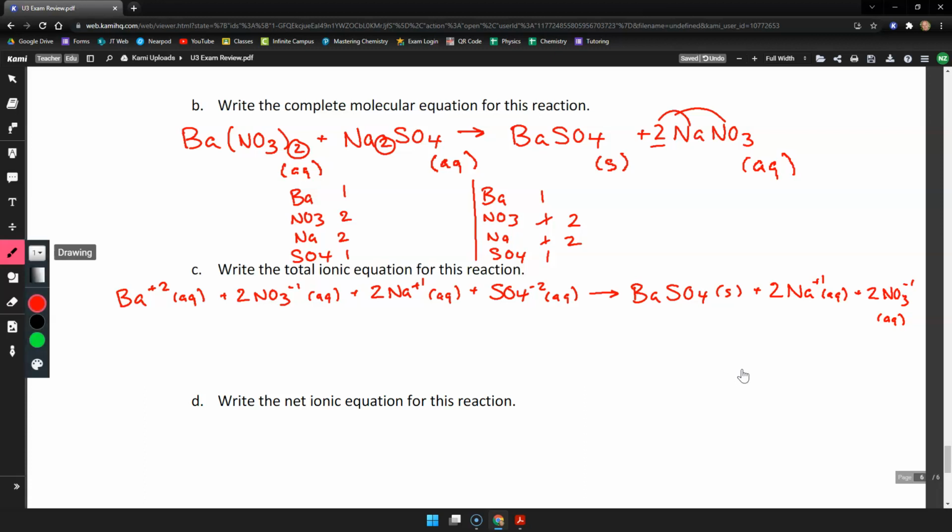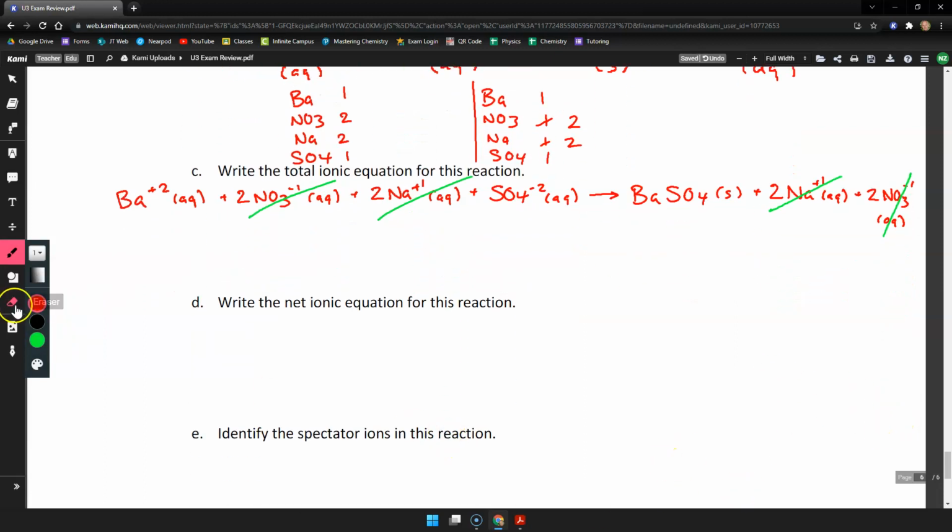Okay, so let's see what we can cross off on both sides. So barium, nope. This NO3, yep, it exists on both sides. We can cross it off. Sodium Na is on both sides. Let's cross that off. And I think that's it. Write the net ionic equation for this reaction. Anything we didn't cross off.